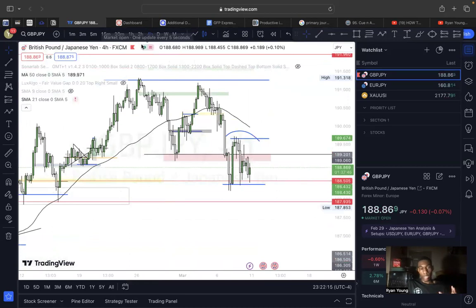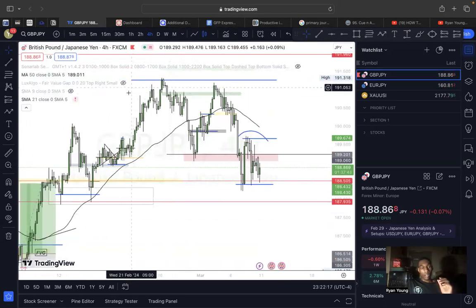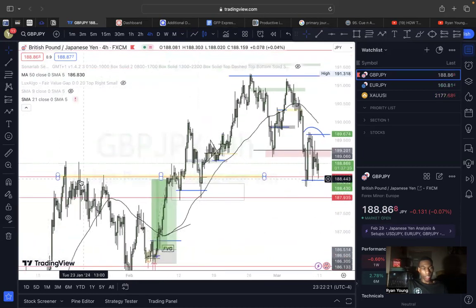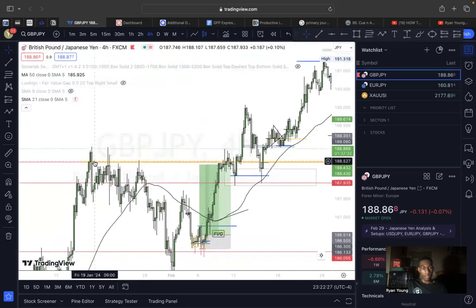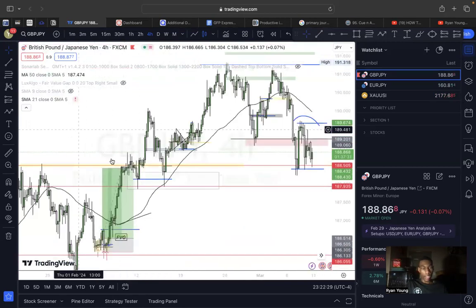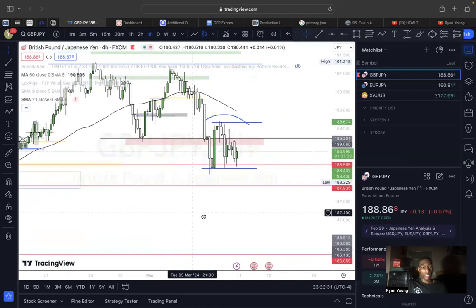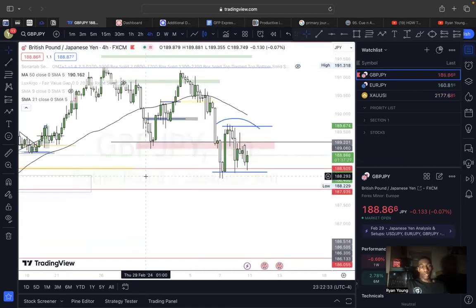So to go over that one more time, we have this area of support right here, or let me say an area that's very respected. We have resistance, we have support as well, and price potentially creating an area of support where we have this area right here.